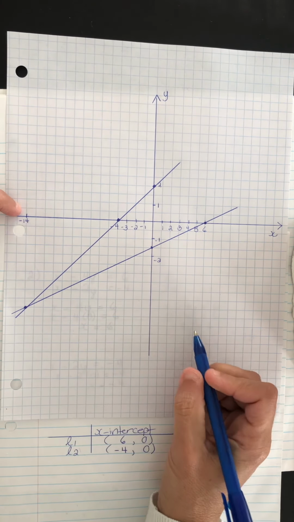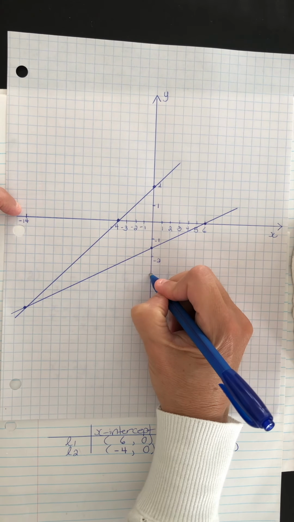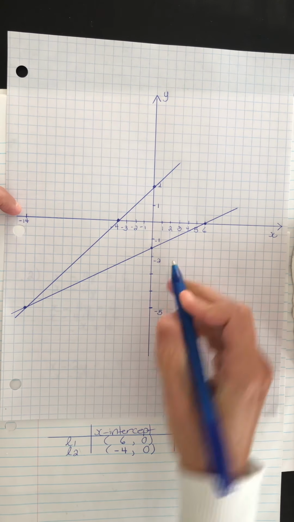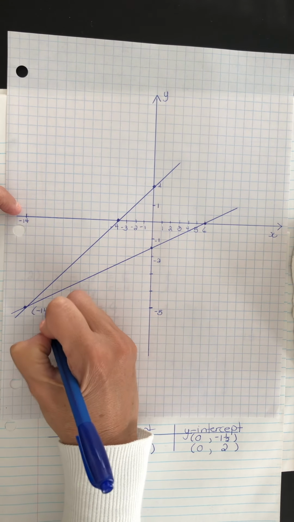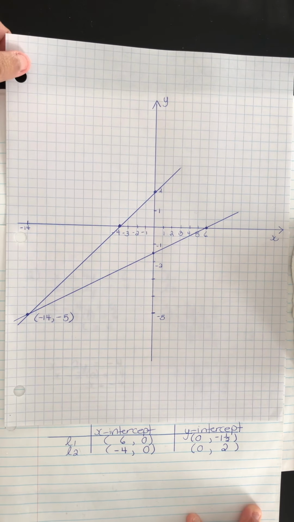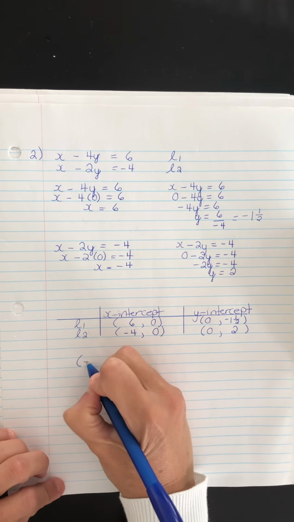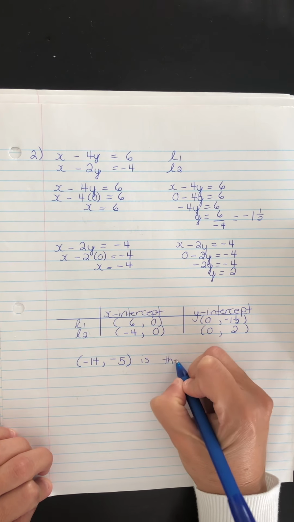And then down here, this is negative 2, negative 3, negative 4, negative 5. So at negative 14, negative 5, that is the point of intersection, and it is also considered to be the solution of the system. Back to our paper, we could conclude that negative 14, negative 5 is the solution or the intersection point.